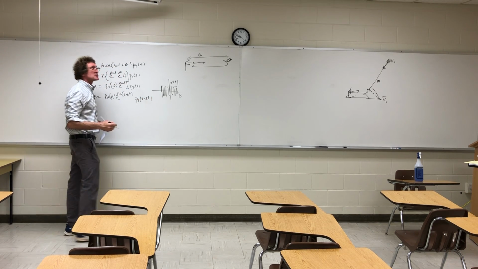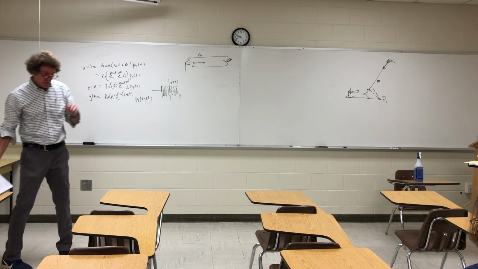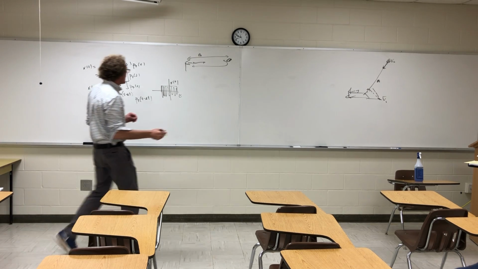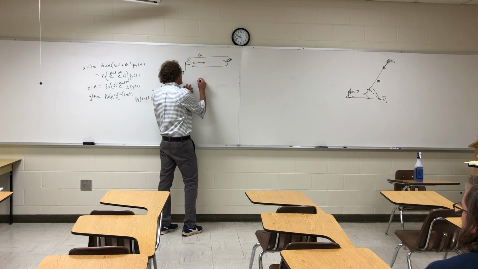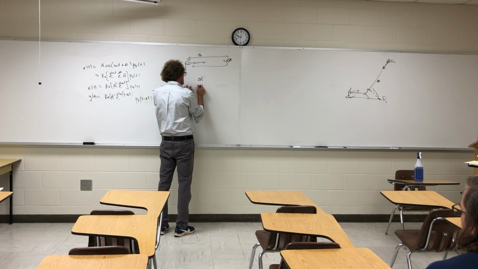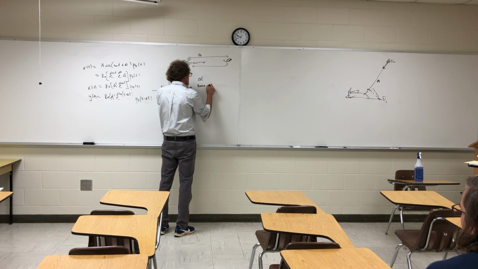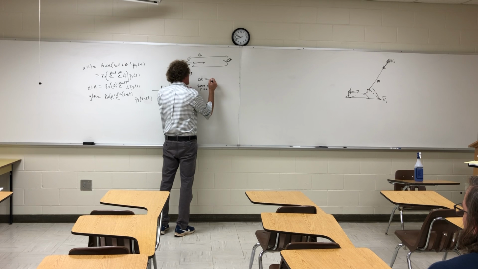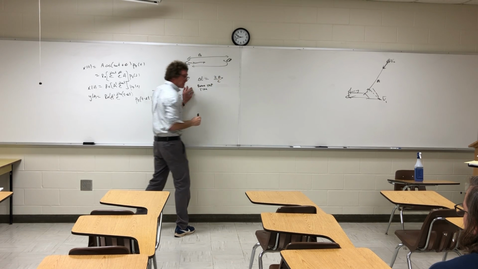Now delta t is just the delay time, the round trip time, and he talks about this in the book. Delta t, this is the round trip time, is simply equal to, if you think about it, 2 r0 over c.